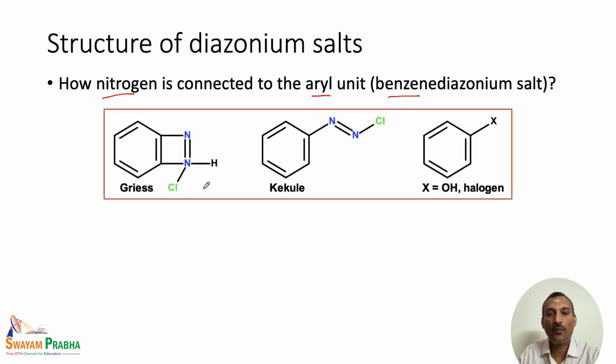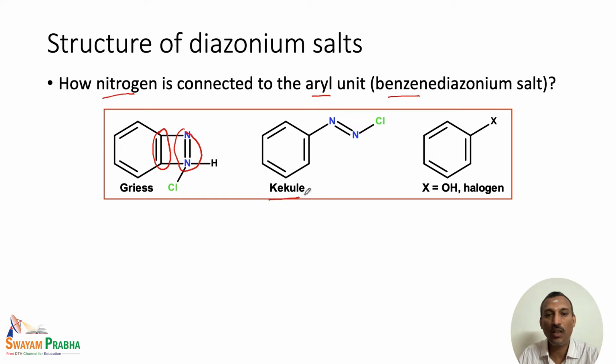So, various structures were proposed for this compound. Griess proposed that the two nitrogens are connected to two carbons of the aromatic ring. So, this is one type of structure he proposed, in which there is a double bond between nitrogen and nitrogen.